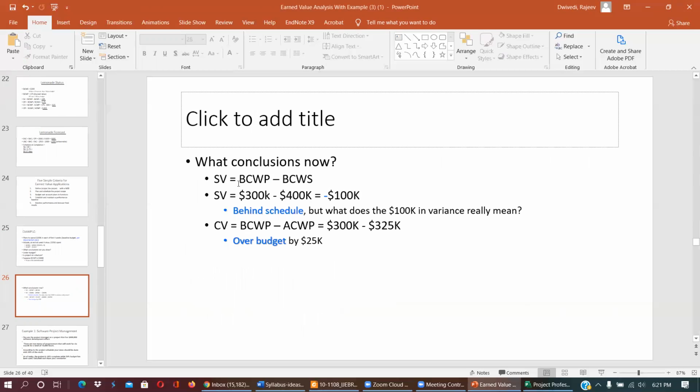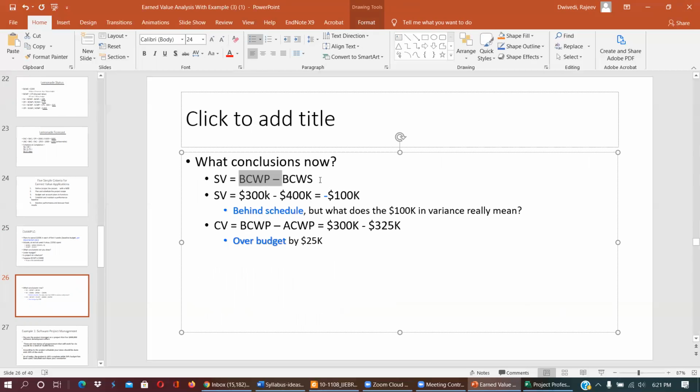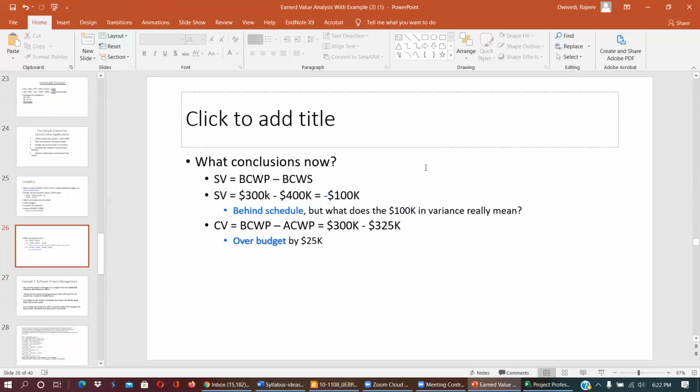Schedule variance equals BCWP minus BCWS, which is minus $100,000. Cost variance equals BCWP minus ACWP, which is over budget by $25,000. You can know whether the project is on time, and how much extra time it will take.